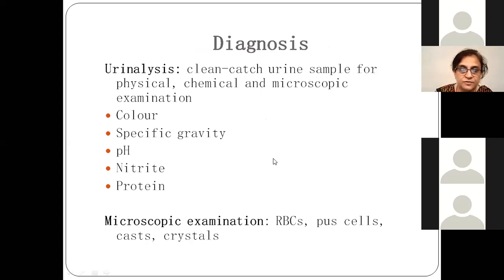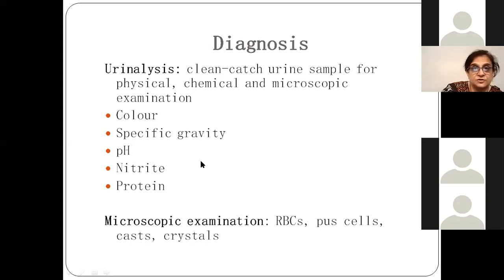Okay, so how do we diagnose urinary tract infections? By urine analysis. In urine analysis, we perform microscopic examination and then we do culture. First of all, it has to be a clean catch urine, and then there's physical and chemical examination. Physical examination means you see the color of the urine, specific gravity, pH.